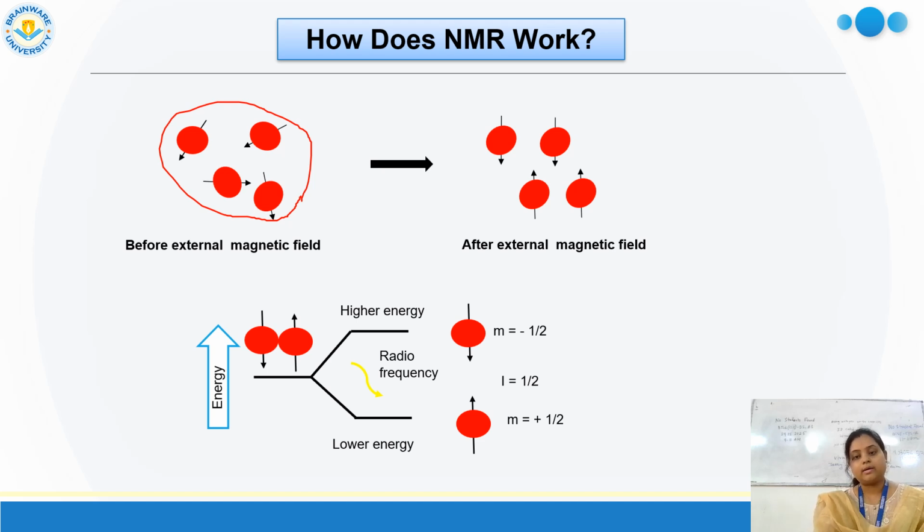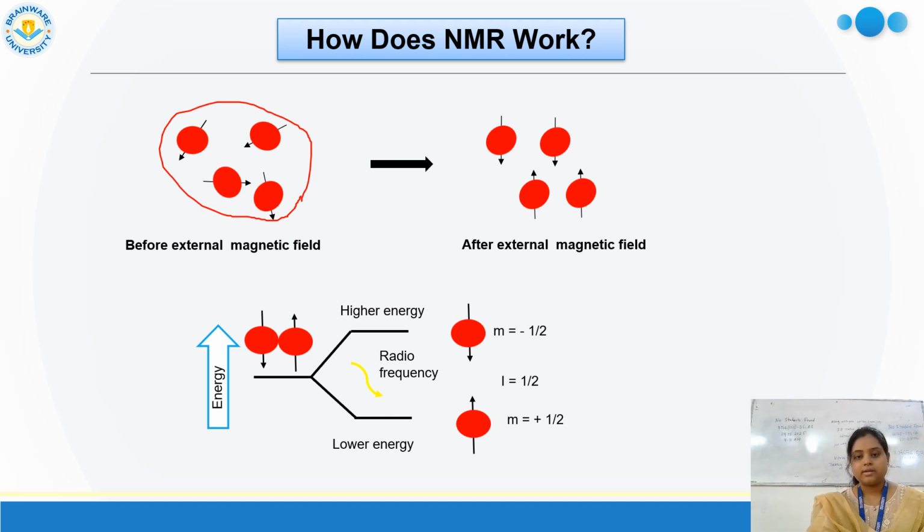Now, from the light source, if we give the radio frequency, the electromagnetic radiation, what will happen? The nuclei will absorb some amount of energy. They slowly absorb this energy, and at a particular time, when they have absorbed a certain amount of energy, they go to the higher energy level.